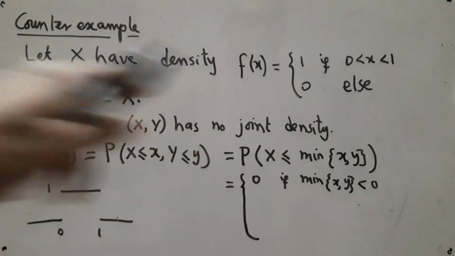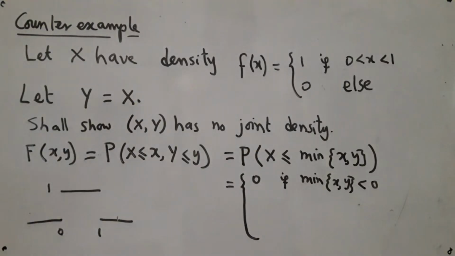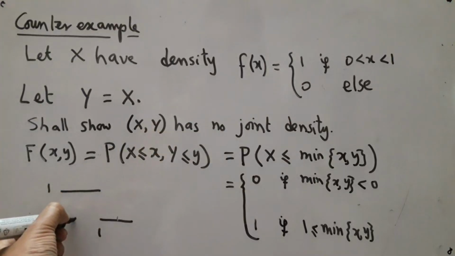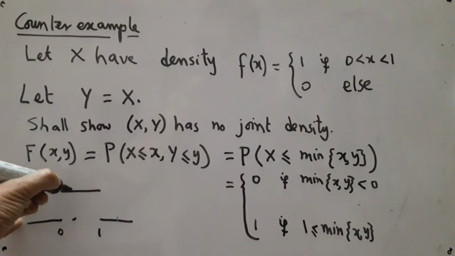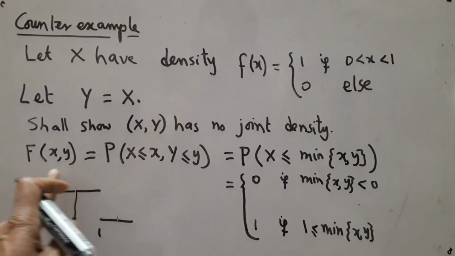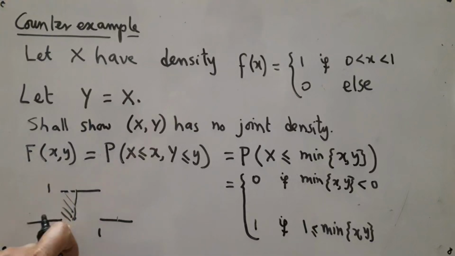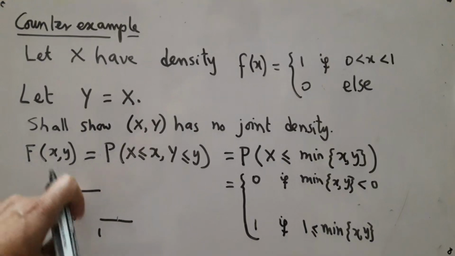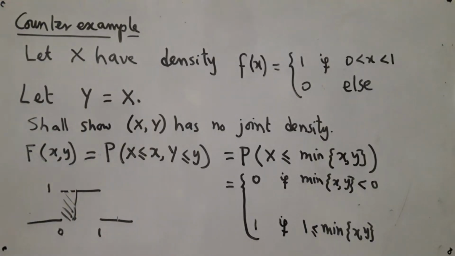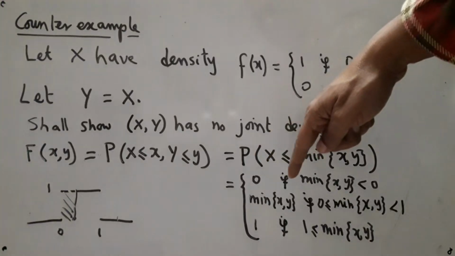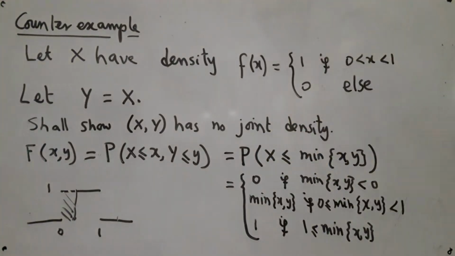So then this probability will be 1. Now if the minimum lands somewhere here, in that case I have to find out the area to the left of this, and that will be this area. This is minimum xy and this is 1. So the area will be base times height, that is, it will be minimum xy if this holds.